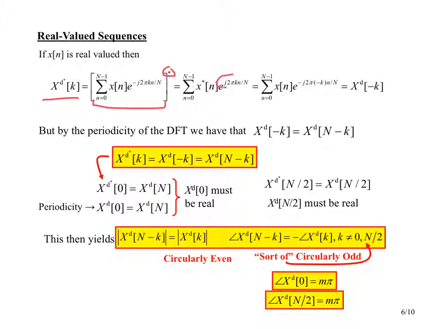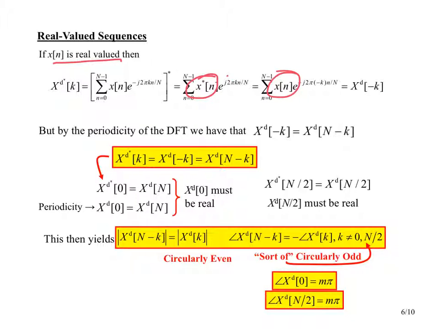So notice that our j has now become positive, and we pass the complex conjugate through to x, but we said that x is real valued, so conjugating it has no impact on it.